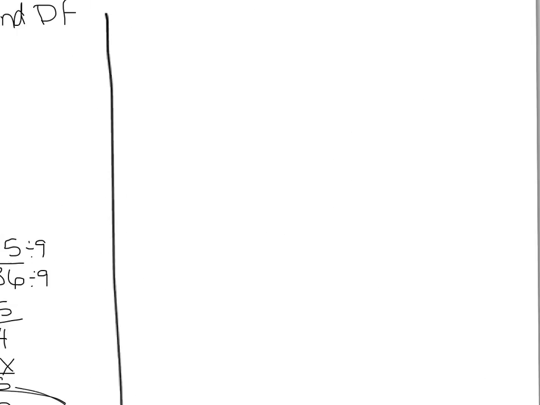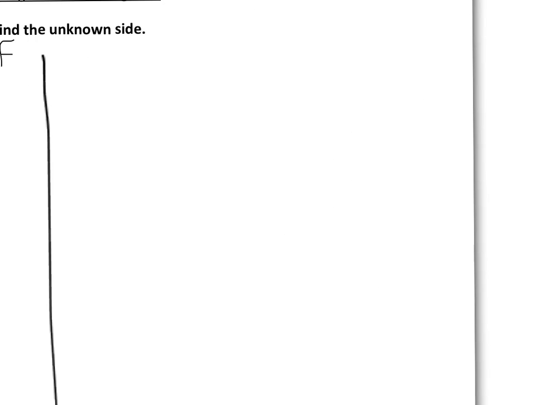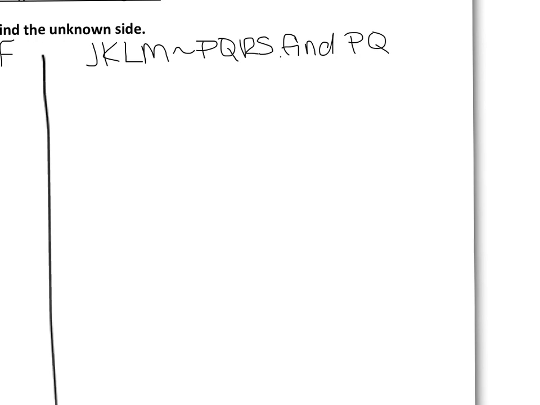Okay, let's look at another example. This time, let's look at a quadrilateral. So I'm going to give you that JKLM is similar to PQRS, and this time we want to find PQ. Okay, so we're going to have a parallelogram.